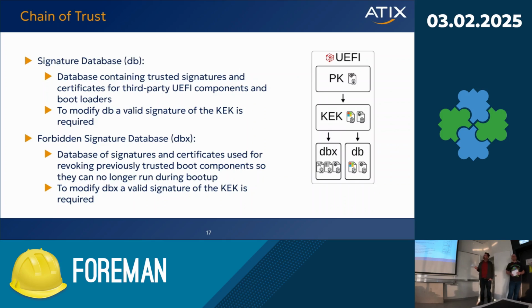And then we also have the DBX, which is basically used to revoke software which, for example, is known for some vulnerabilities or bugs. If you add an entry there, then you can block things from being booted.